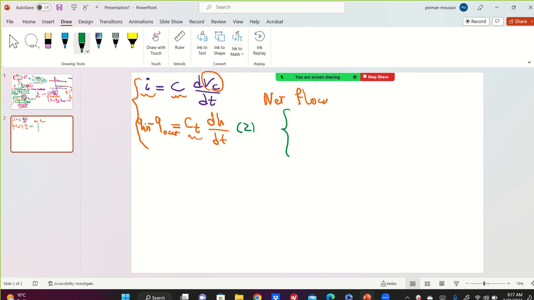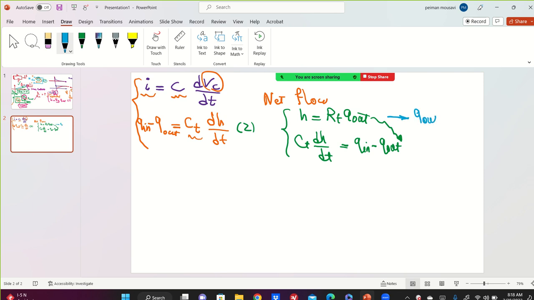Having this, H equals R of the tank times Q out, and CT dH over dt equals Q in minus Q out. What I'm going to do is put Q out here. What is Q out? Q out equals H over RT.